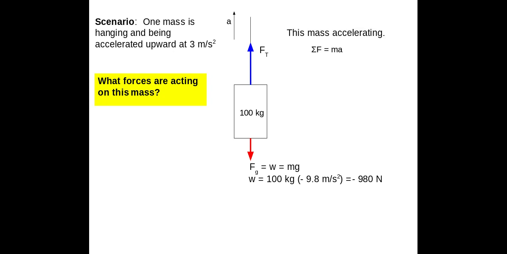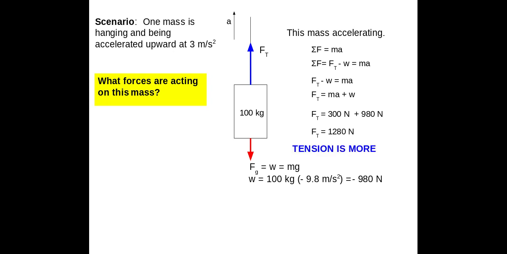We write our statement and identify the forces. Now to solve for the tension, it's going to be the mass times acceleration plus whatever the weight is. So 100 kilograms times 3 meters per second squared, 300 newtons, plus 980 gives you 1,280 newtons. The tension has to be more than the weight.